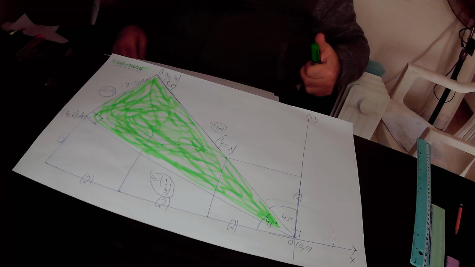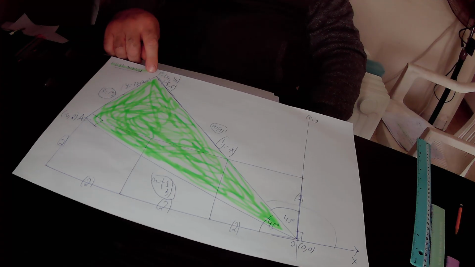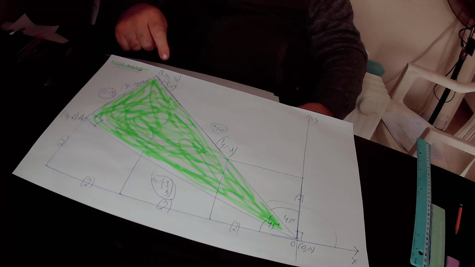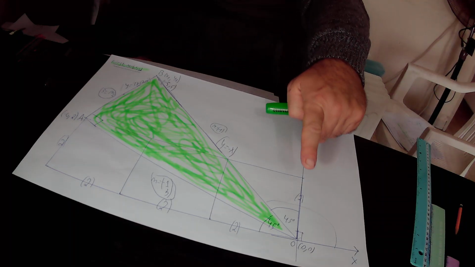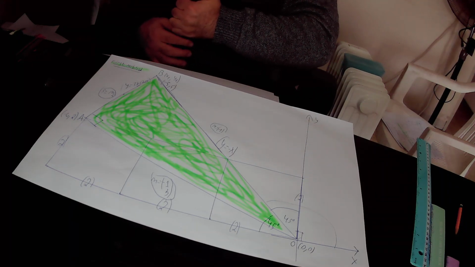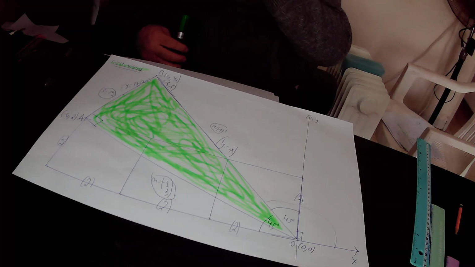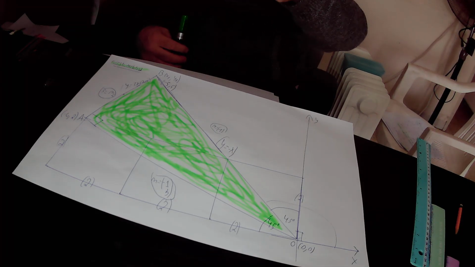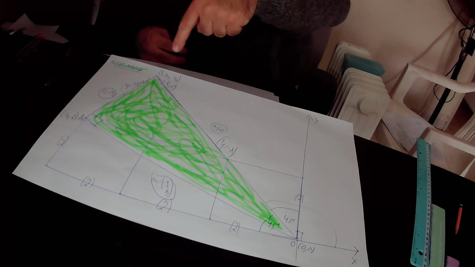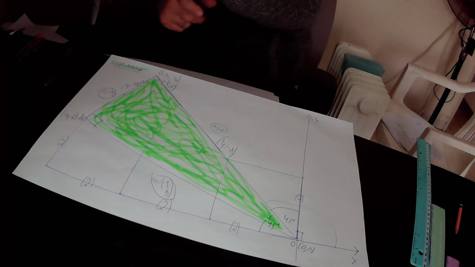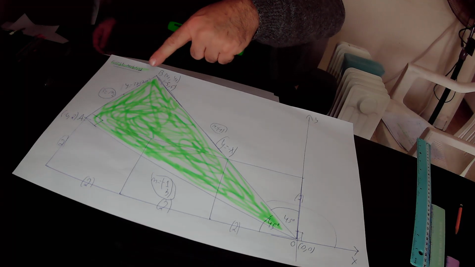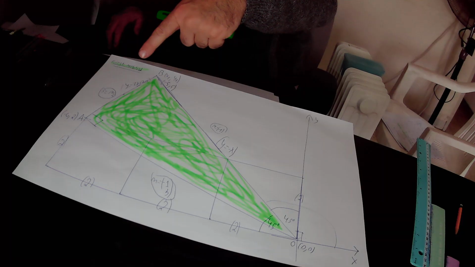As I already mentioned before, point B is definitely located on the straight line AB, and point B is definitely located on the straight line OB. If a point is located on a straight line, then it must satisfy the equation of the straight line. Point B is located on the straight line AB, therefore point B must satisfy its equation, that is to say, the equation y equals 3x plus 20.